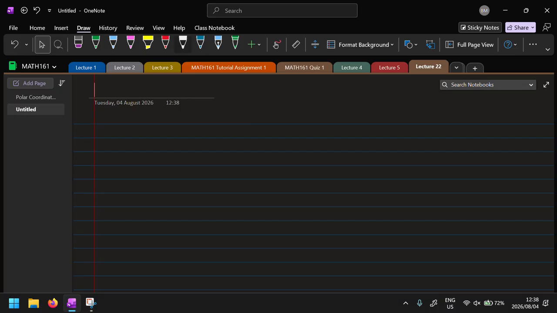Next bit is a little bit more complicated, but not too much. It is Cartesian equations converted to polar equations and back and forth. So instead of converting individual points, we're going to convert a whole graph.